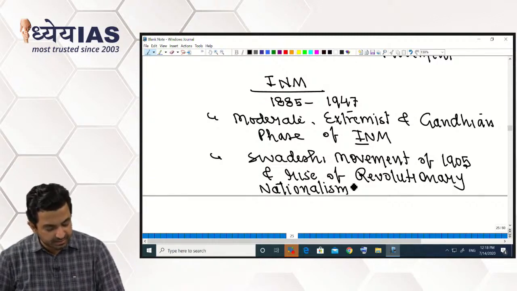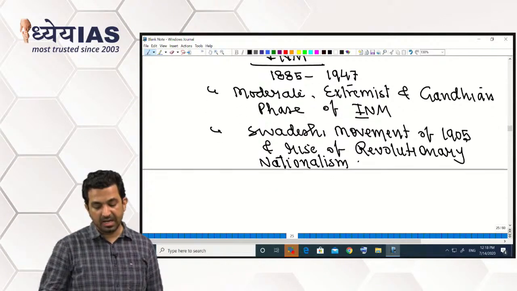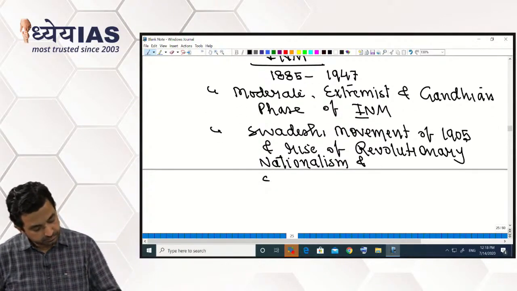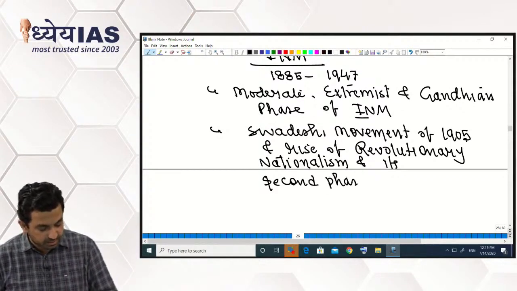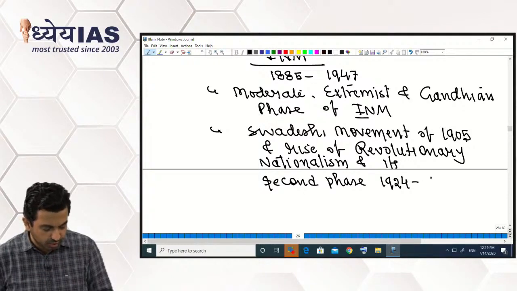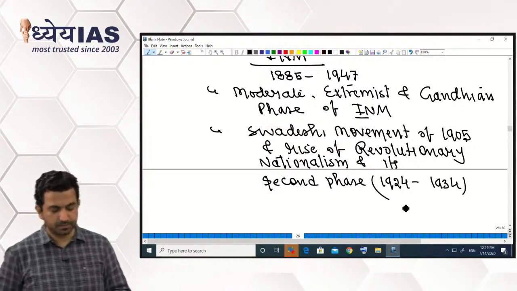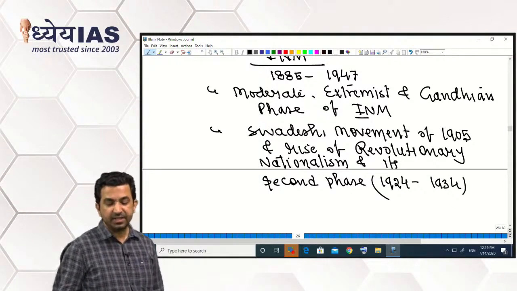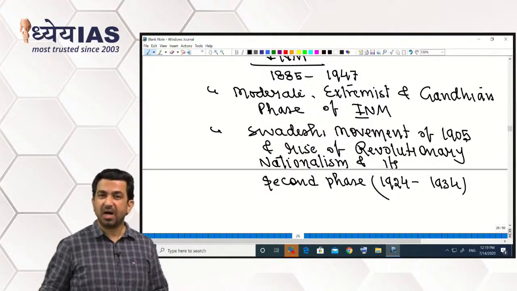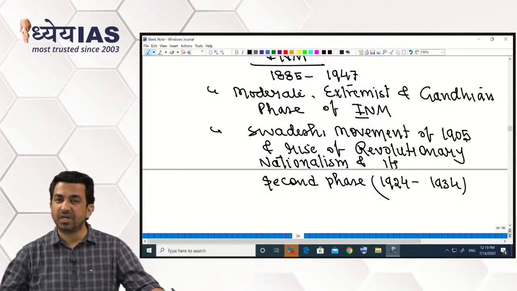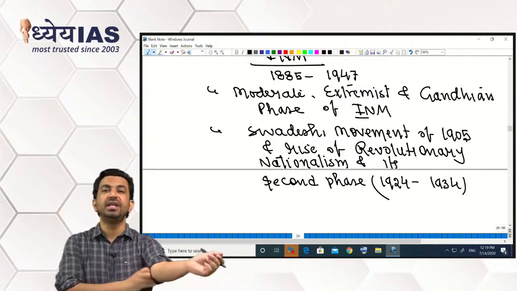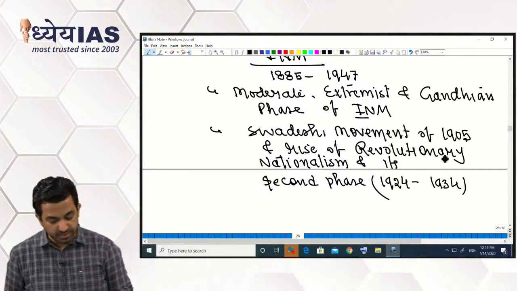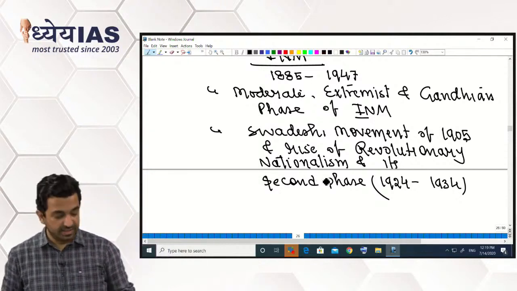Revolutionaries, Krantikari, revolutionary nationalism, and its second phase from 1924 till 1934. Second phase of revolutionary nationalism led by Bhagat Singh, Sukhdev, Rajguru, Chandrasekhar Azad, Surya Sen, Sachindranath Sanyal and several other revolutionary nationalists. So Swadeshi movement and rise of revolutionary nationalism.